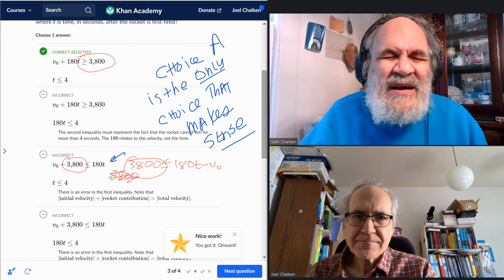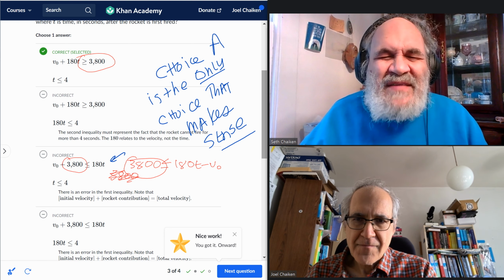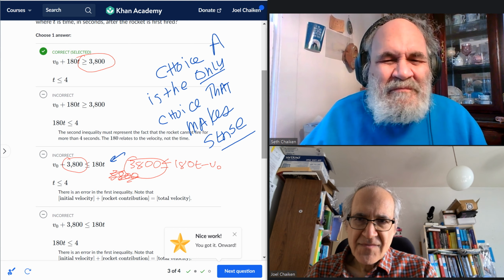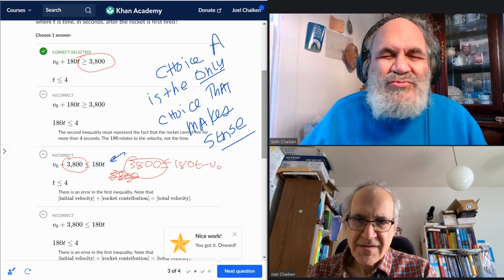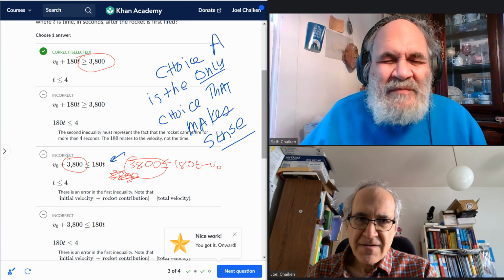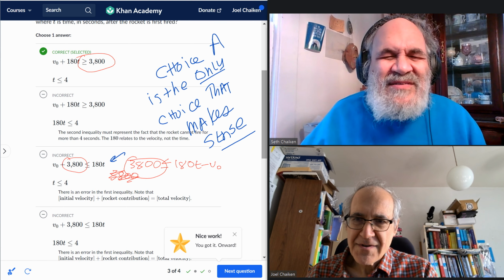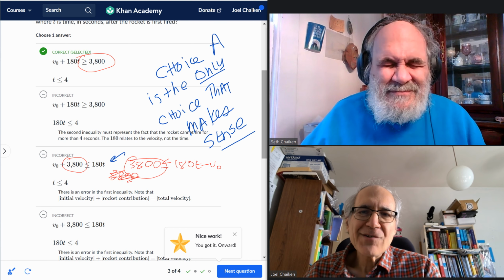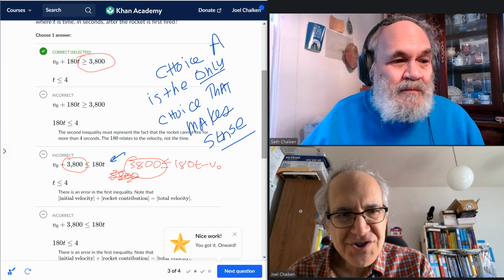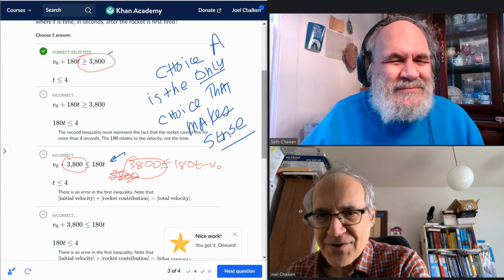But you can distinguish them because choice A reads off, it codes what the problem says. Choice C does not. Choice A is the only one that makes any sense at all, just by looking at something having to be greater than 3,800.